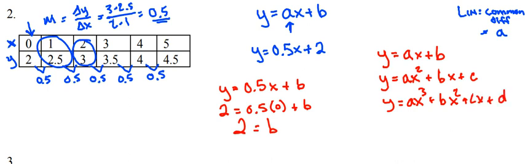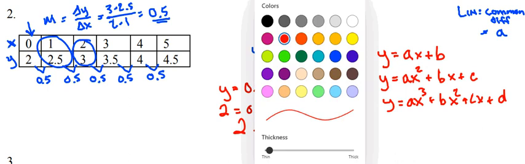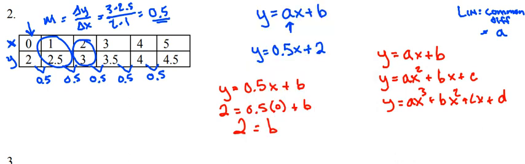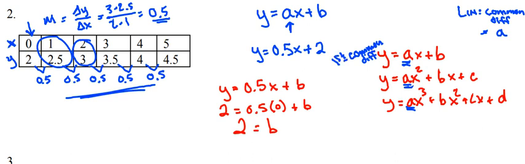Okay, so it may not be b, but the common difference here is always going to tell you the value of a in some way. So whatever the common difference is, if it is the first one that they share, that tells you a.